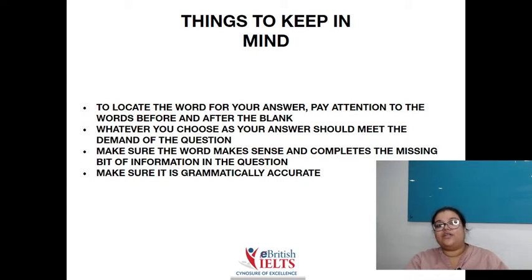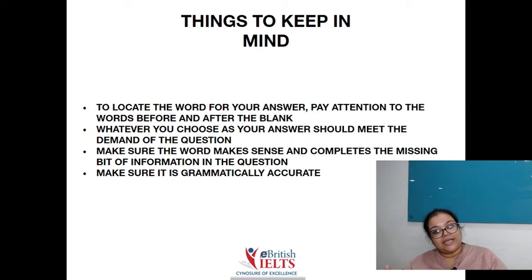And the last of all, once these two things that I've just spoken about are kept in mind, the last thing that will clinch the deal with your answer, it will seal the deal, is whether your word is grammatically appropriate in the sentence of the question or not. If it's grammatically correct, it makes sense according to whatever the question is asking, it meets the basic demand, you've figured your answer out.